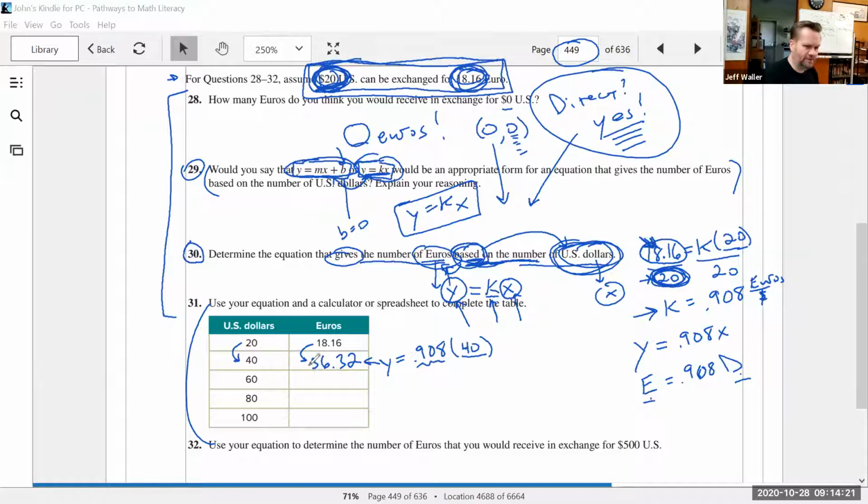So the quicker way is I could just add 18.16. Now, I really want you to understand the connection here. So if I add 18.16 to this, I will get 54.48. Can you double check that? What is 0.908 times 60?